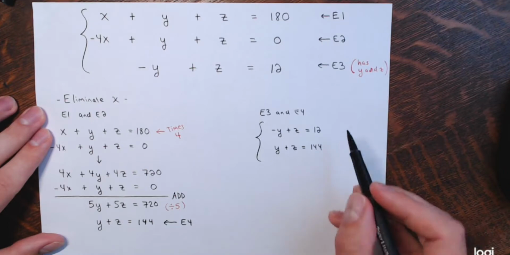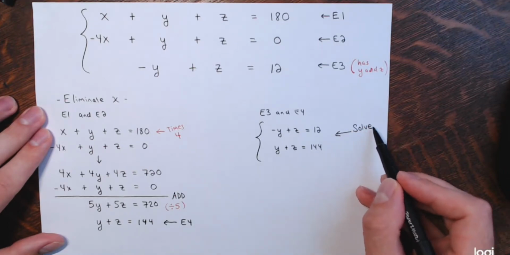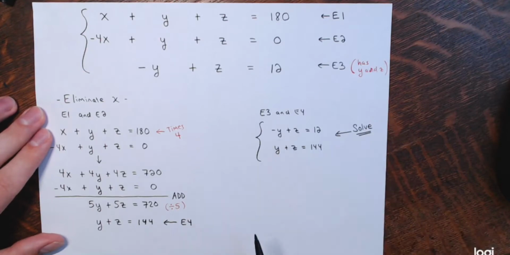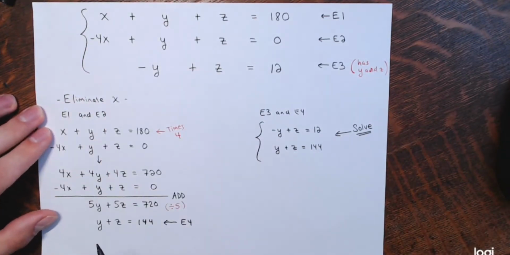I'm solving this system first, for y and z, and then I'll go back to an equation that has x in it and solve for x.